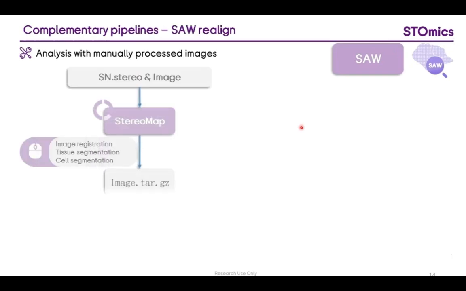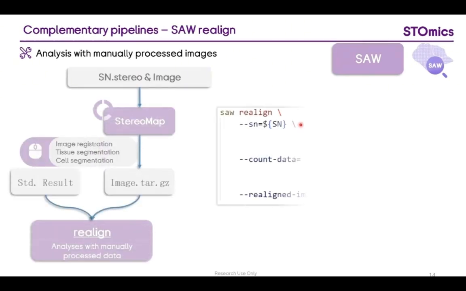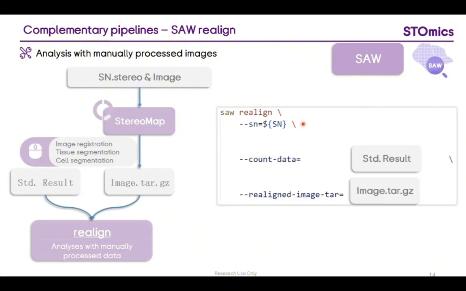Sometimes the automatic results of SW count need refinement, especially for image registration or segmentation. This is where SW realign comes in. If your image fails quality control, or you have manually processed it in StereoMap, you can use the realign pipeline.